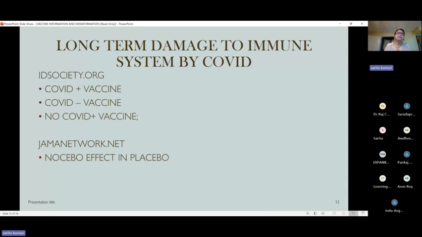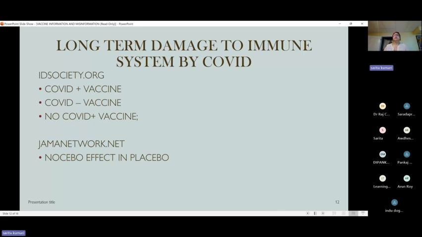And what they found is that the immune response of humans was best in those who got vaccine alone. In other words, vaccine does not decrease your immunity. Actually, COVID itself decreases your immunity, and it was lowest in patients who had COVID but no vaccine. So if you have COVID and you have not taken the vaccine, the likelihood that your immune system has suffered is much higher than from the vaccine itself.